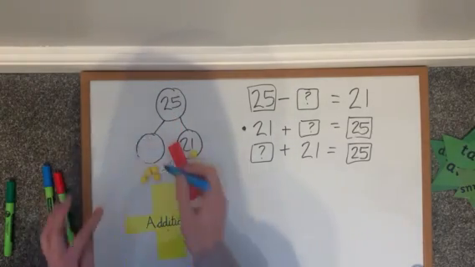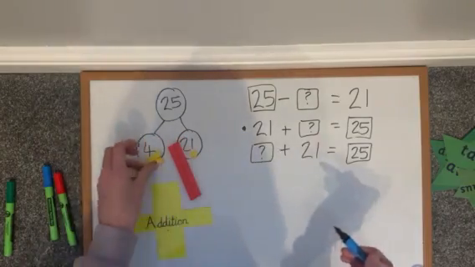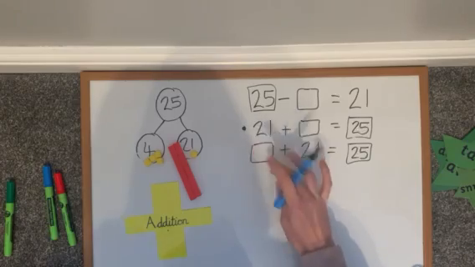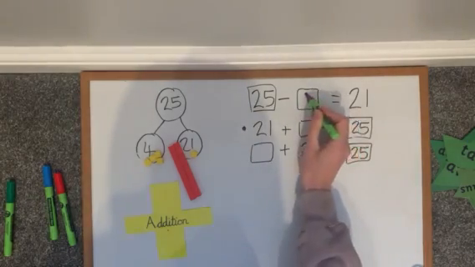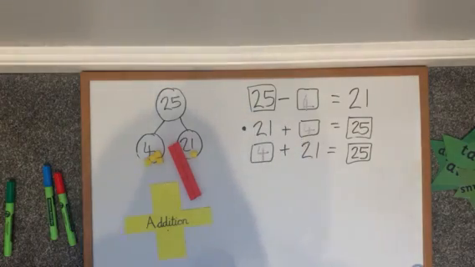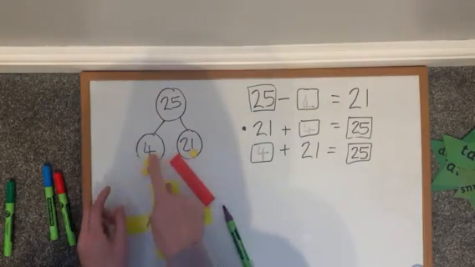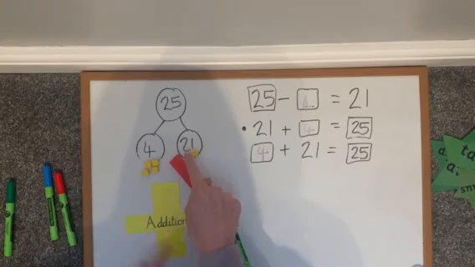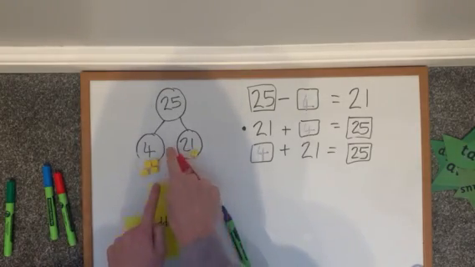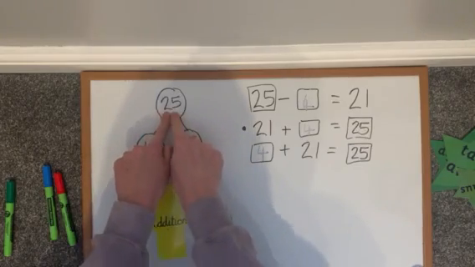So that missing part is going to change to a 4. So that means all of my question marks over here, my missing numbers, can be replaced with the number 4. Because I know 4 plus 21 equals 25, or swap it over, 21 plus 4 equals 25.